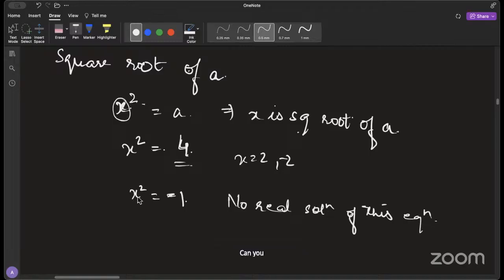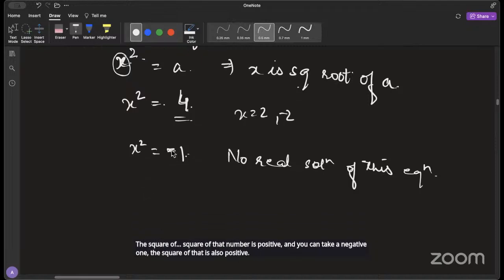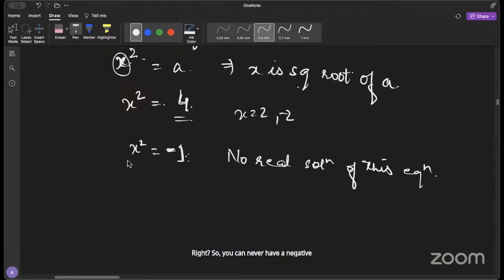Can you see that there is no real number which satisfies this equation? Because squares of numbers are always positive. If you take a positive number, the square of that number is positive, and if you take a negative one, the square of that is also positive. So you can never have a negative number as the square of something.